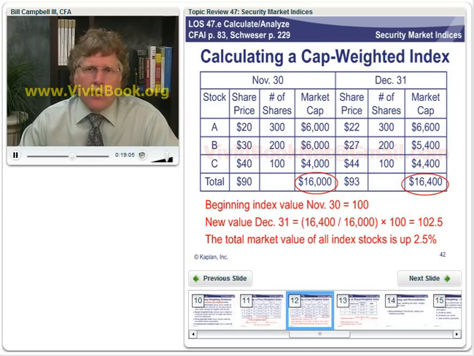So if our beginning index value were 100, our ending index value would be 102.5. So remember, with price weighted, it went from 100 to 103.33. With cap weighted, it went from 100 to 102.5. So you can see immediately that using a different weighting scheme, we get a different value for our index.